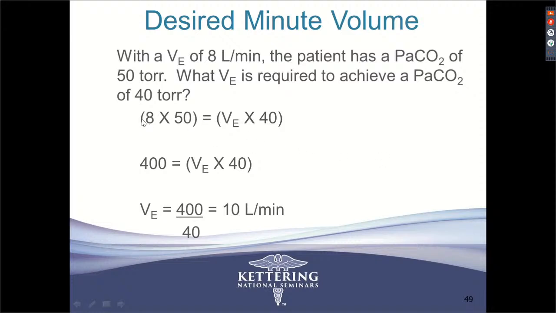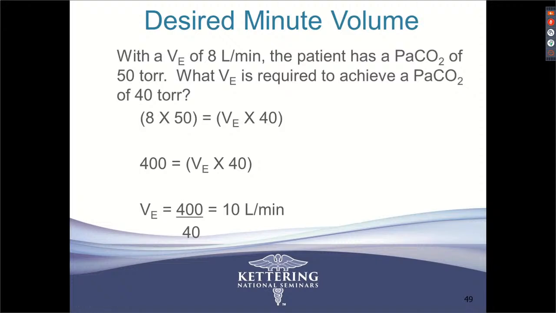You take the 8 liters times the 50, because these are the two known values. We want a new minute ventilation, and we're going to multiply that by the desired PCO2 of 40, okay? So when you run the math and isolate the unknown, you have 400 divided by 40, and that's going to equal 10 liters a minute. So that's one way you could do it.